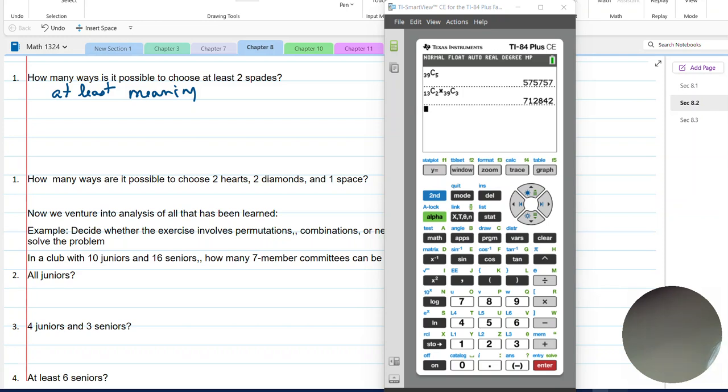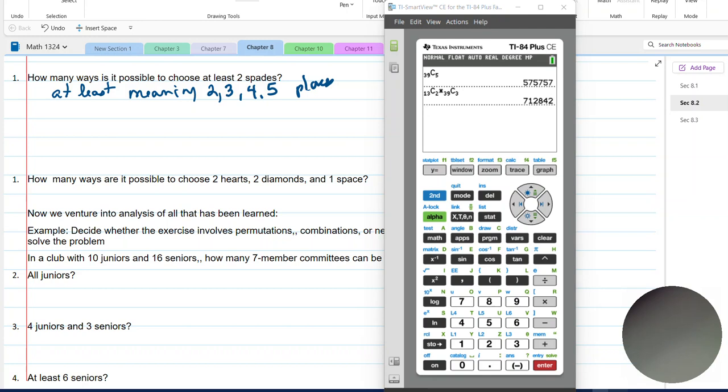At least 2 means that we can have 2 or 3 or 4 or 5. And that means you can have that particular setup and others. You can have more, but you can't have less than 2.